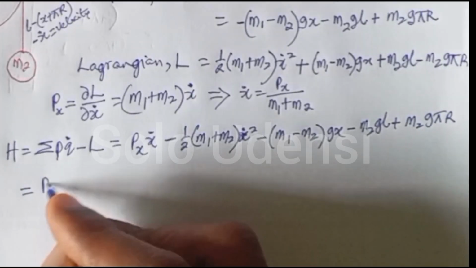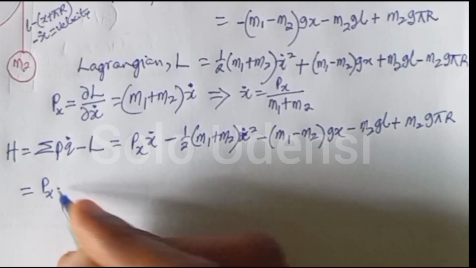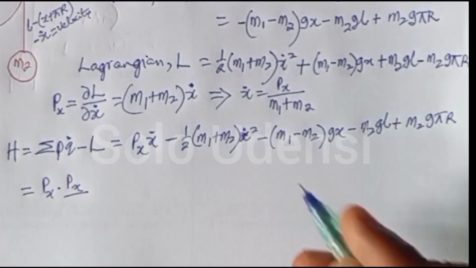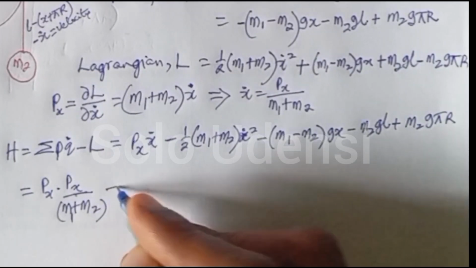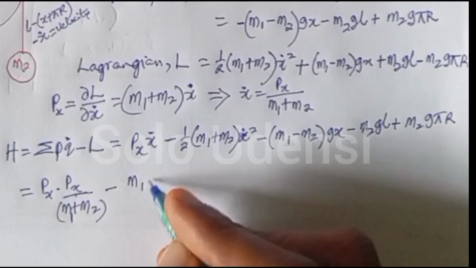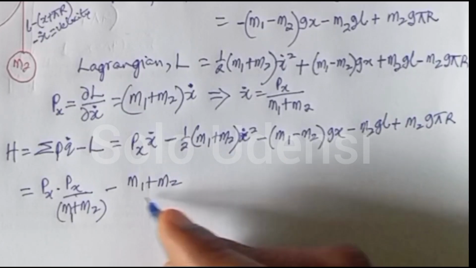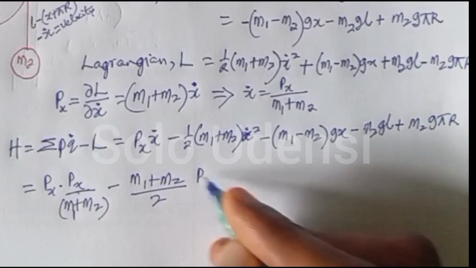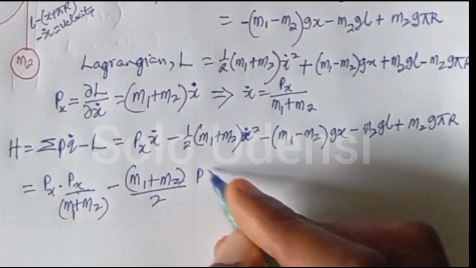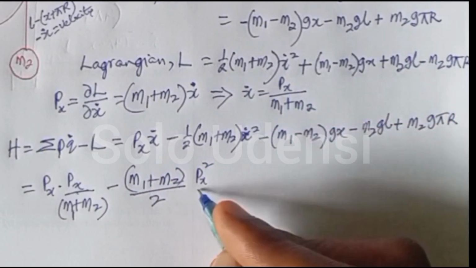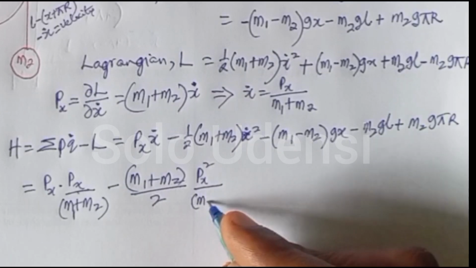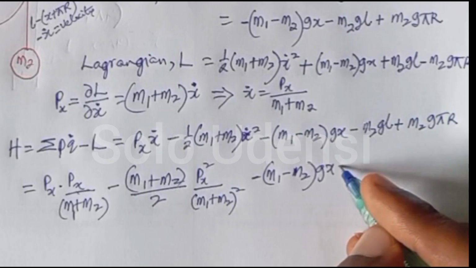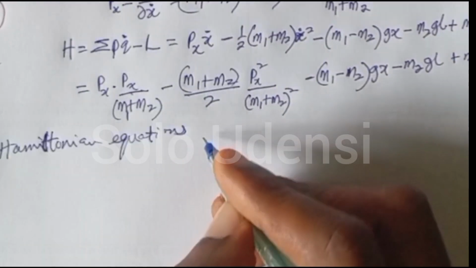We have Px times Px over (M1 plus M2), minus (M1 plus M2) over 2 times Px squared over (M1 plus M2) squared, plus the potential terms.